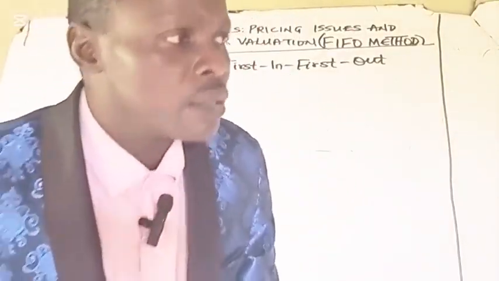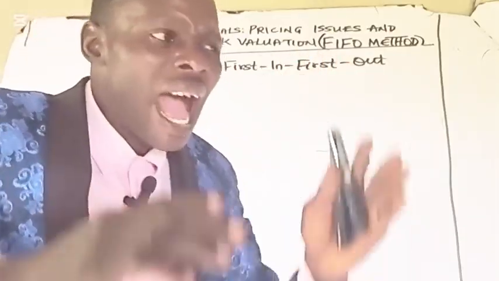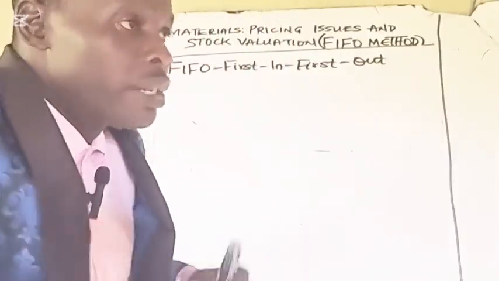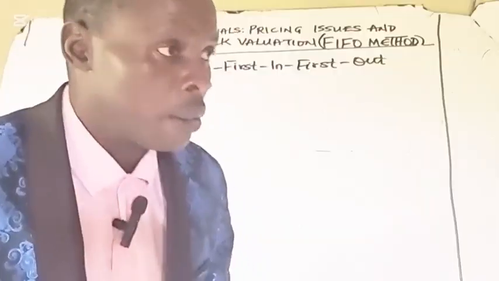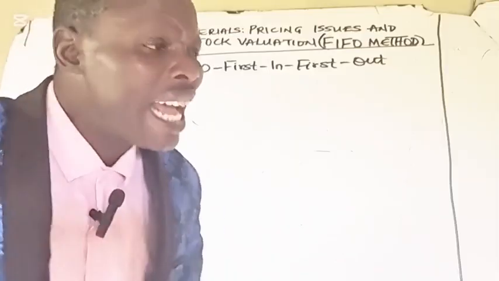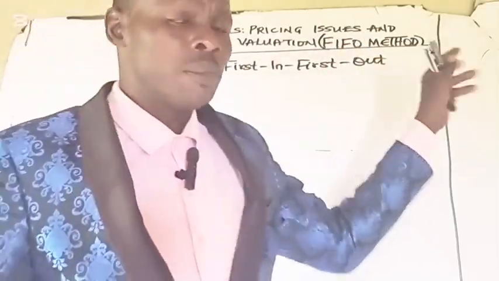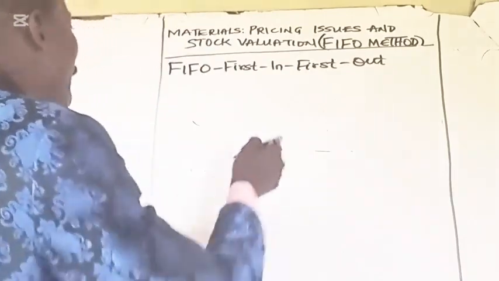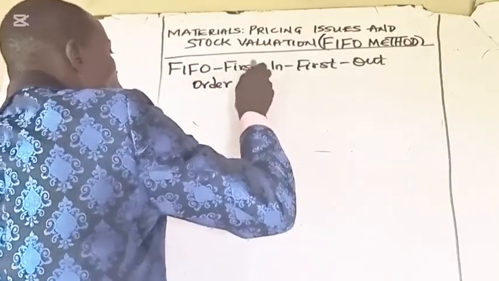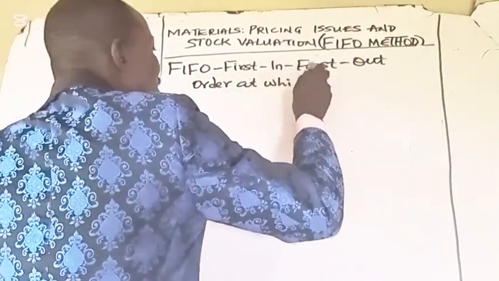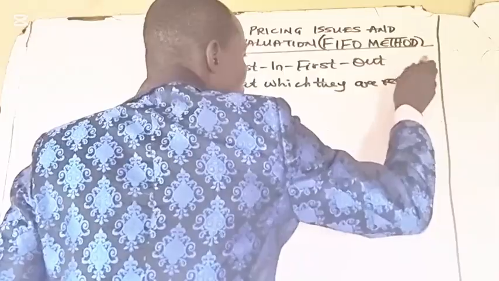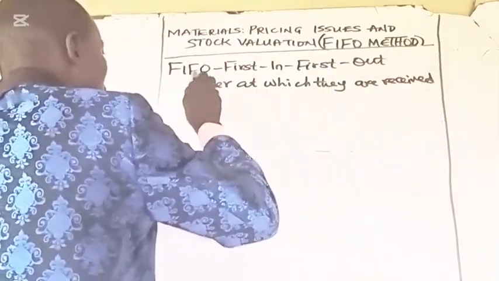Under this method, materials are issued in the order in which they are received into the store, and at the price of the oldest batch in the store.